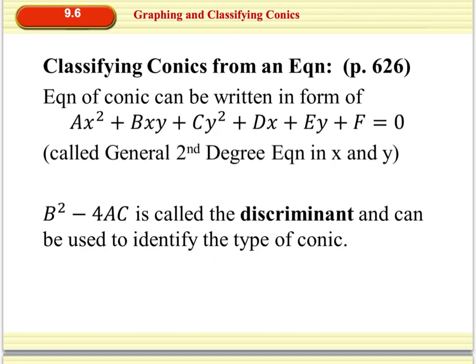This is called the general second degree equation in x and y. And just as we talked about a couple chapters ago when we dealt with the quadratic stuff, b squared minus 4ac is still considered our discriminant, and it can be used to help us find what type of conic we have.